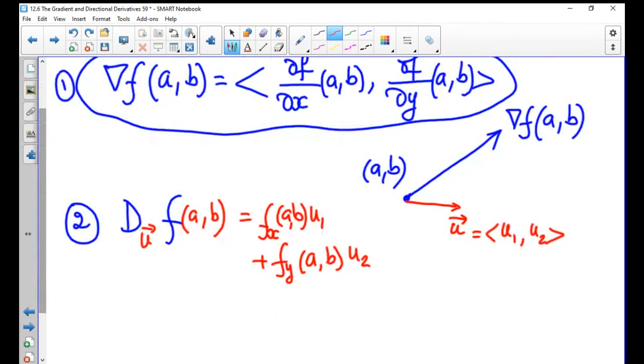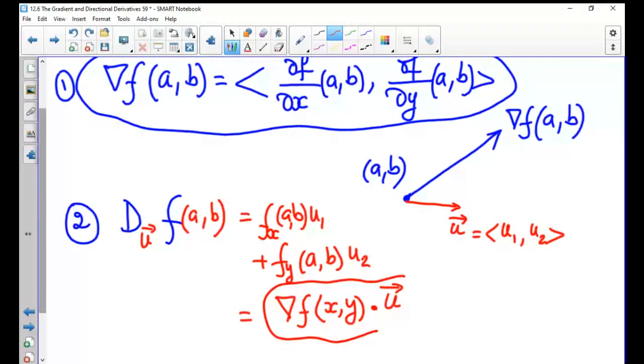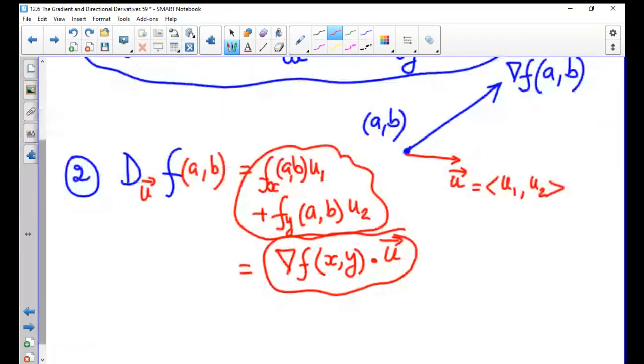The other way is to say, in fact, it's the dot product of the gradient with the unit vector u. So it's exactly the same thing, and this will give you the directional derivative of this function.